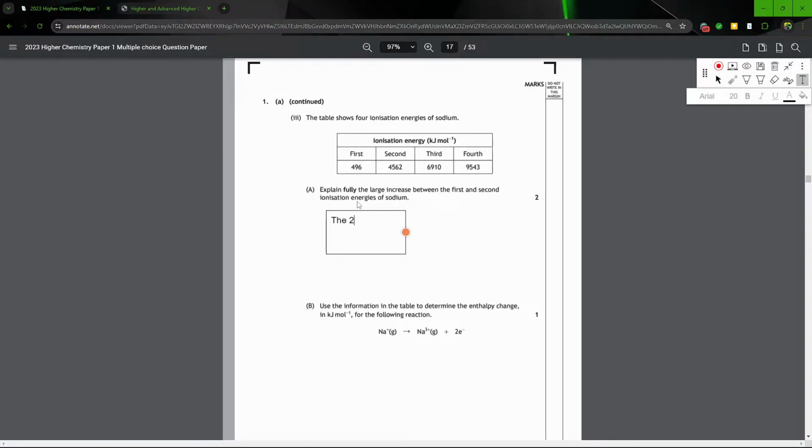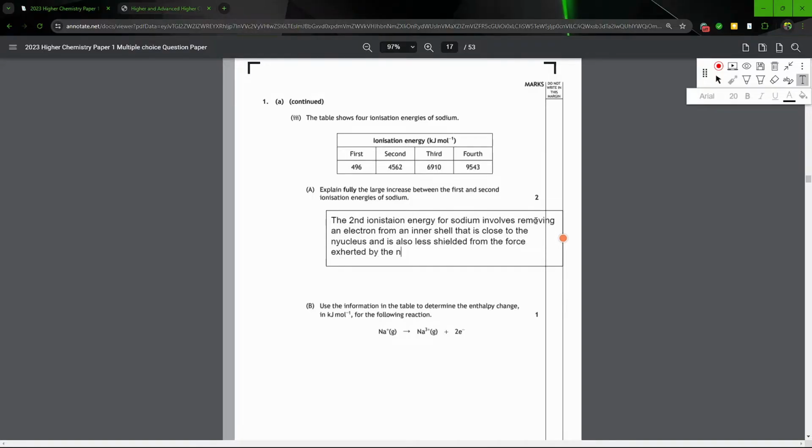The second ionization energy for sodium involves removing an electron from an inner shell that is closer to the nucleus and is also less shielded from the force exerted by the nucleus.